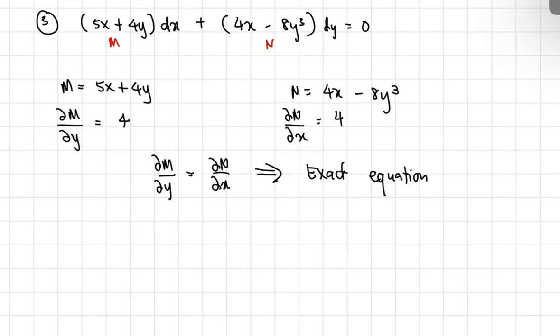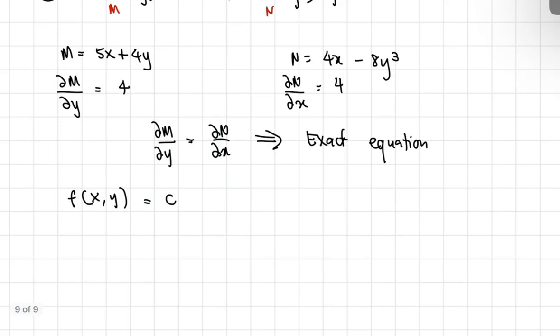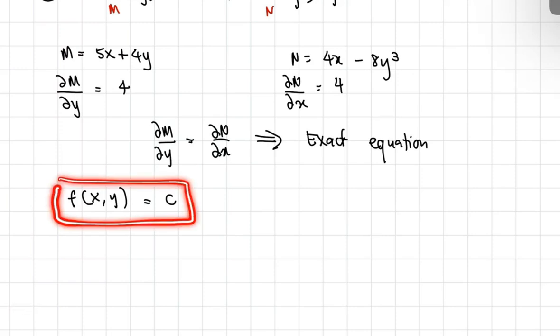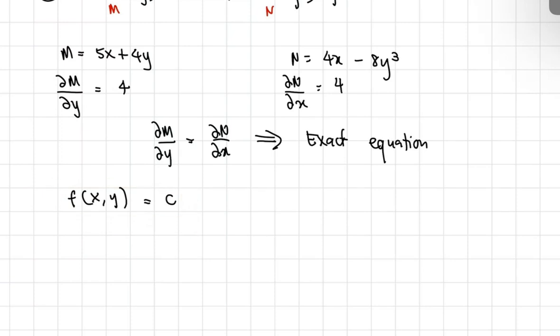Since this is an exact equation, now let's find the solution. The solution will be some function f(x,y) equal to c. Remember, this is exactly what our solution looks like, and we are going to find it.